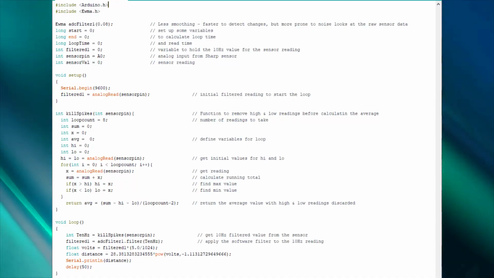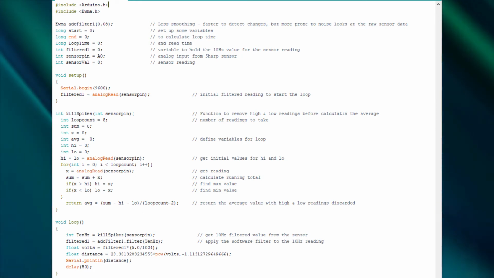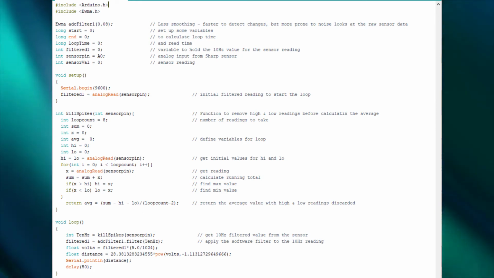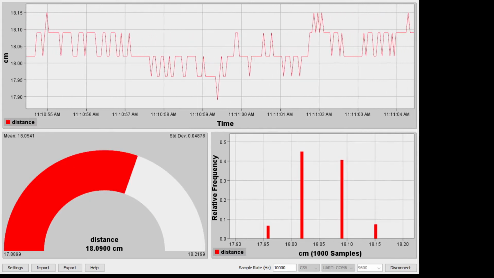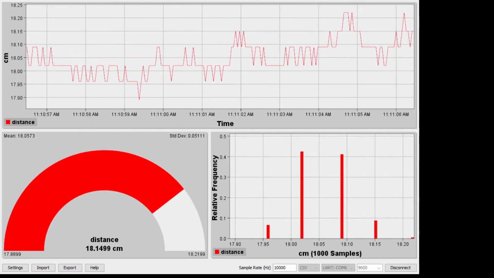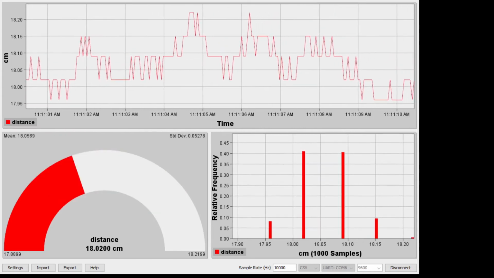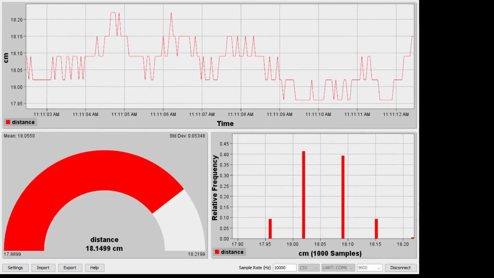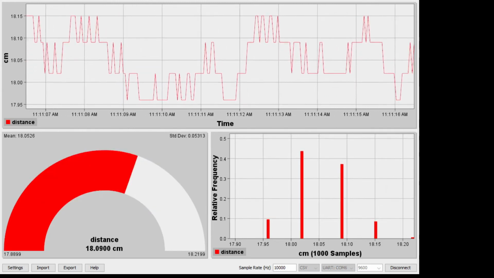We can combine the 2 previous approaches, which is eliminating the spikes and implementing a moving average filter in the same program. Here's the sketch and the telemetry. The range is smaller, from 17.9 to 18.2 centimeters, which is less than half a centimeter deviation between high and low.